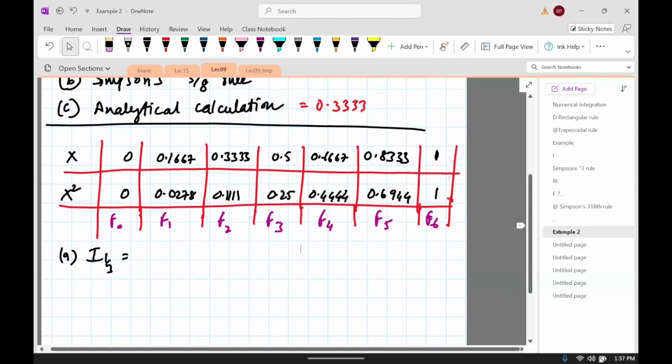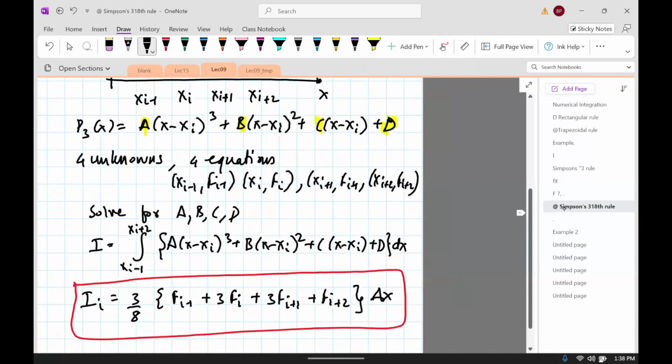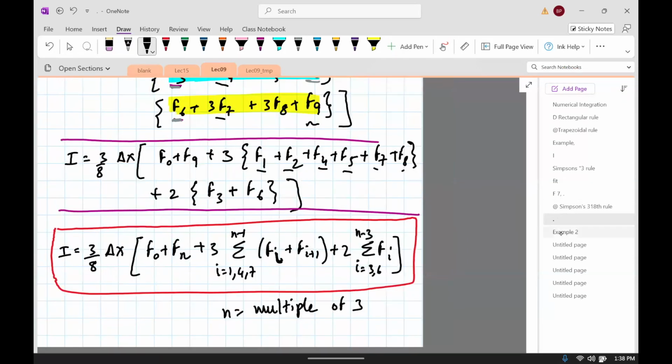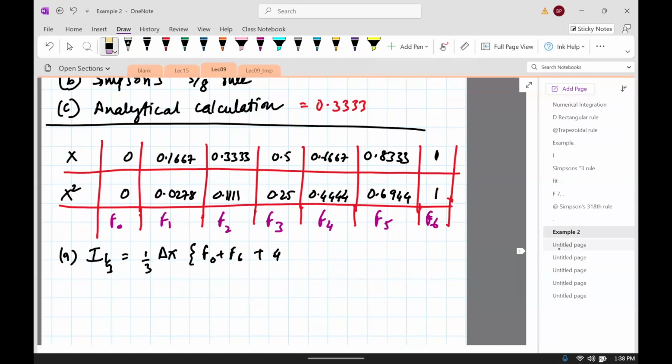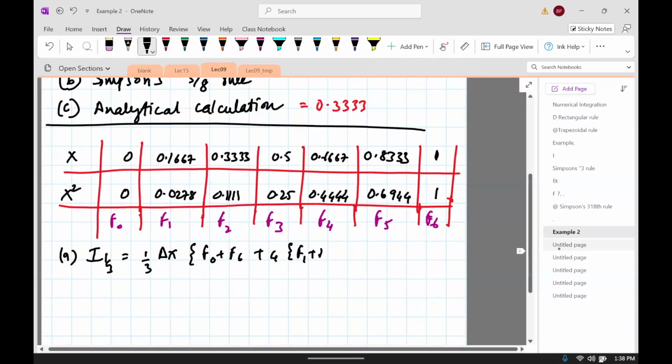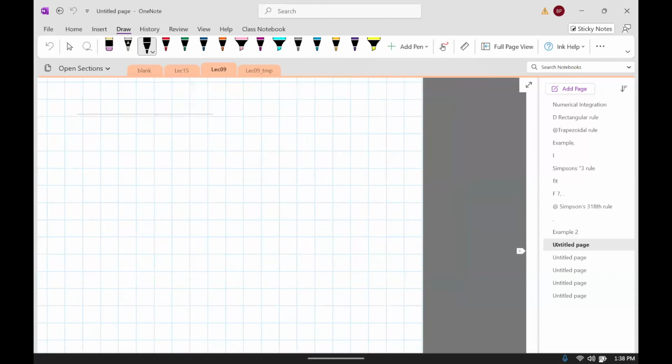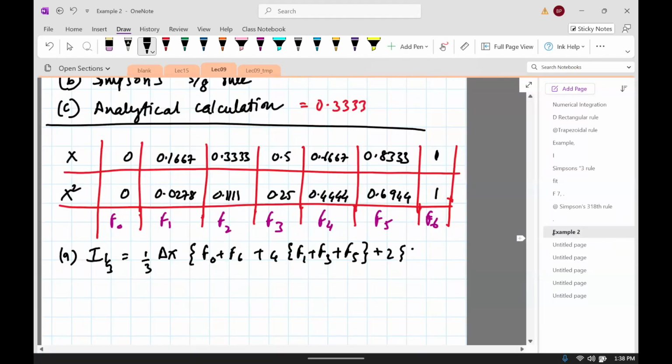So it comes out 1/3 delta x times f0 plus f6 plus 4 times f1, f3, f5. And then if you go back here and see, it's twice 2, 4, 6, and 6 won't come because 6 is already accounted for here.